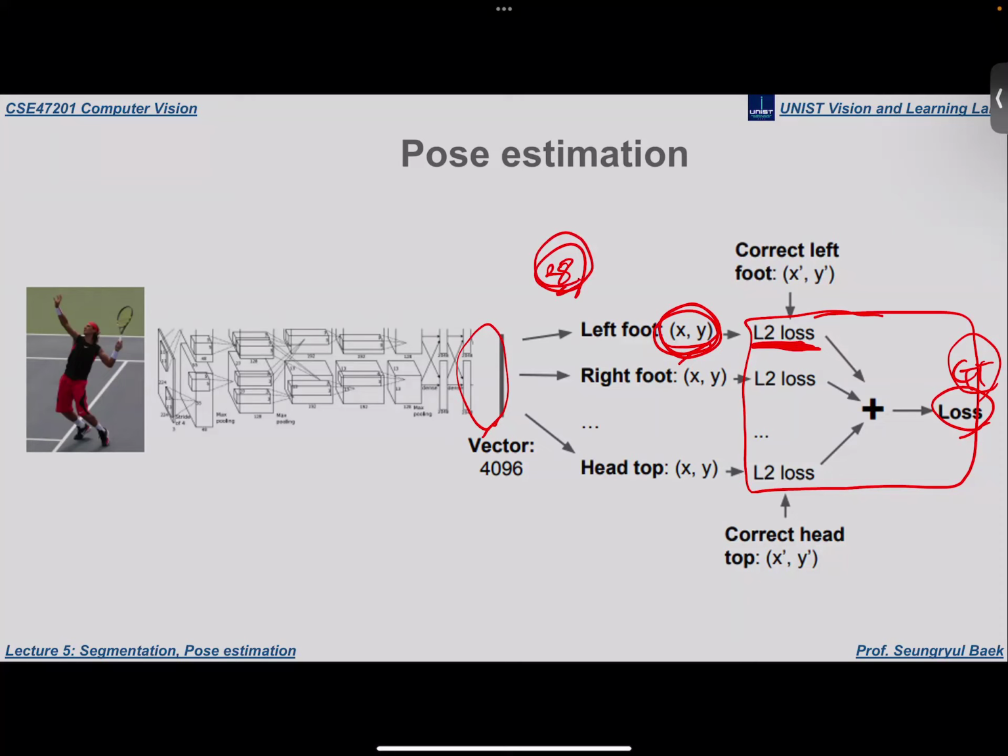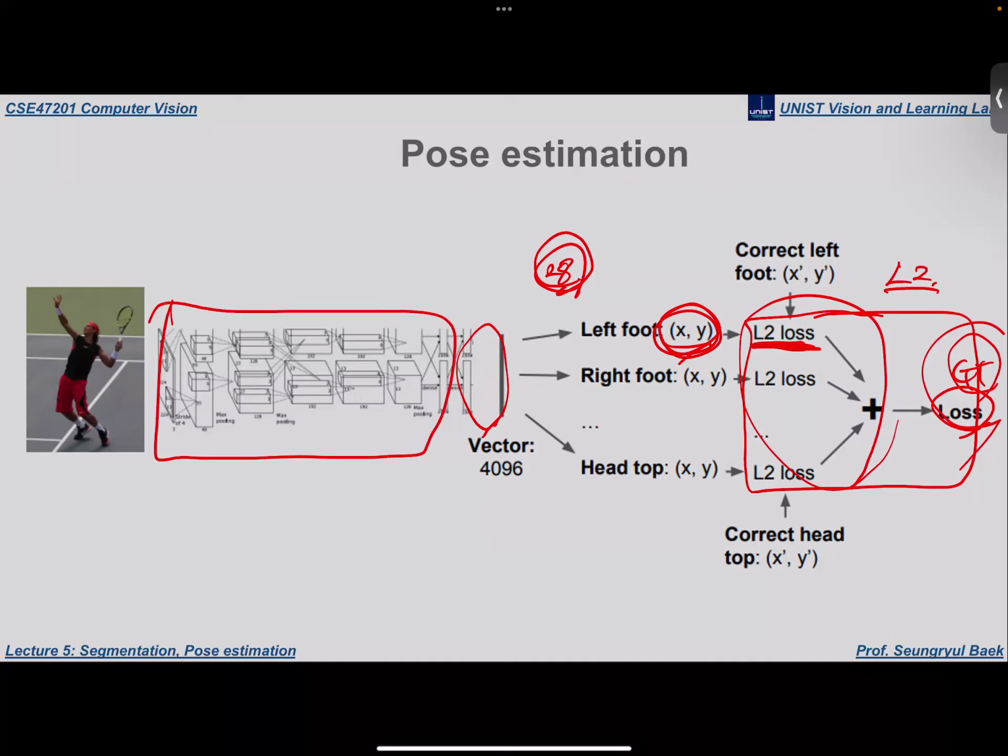For the training data, we have to collect the ground truth values for these key point coordinates, and then apply this kind of L2 loss, which is the mean square error loss or Euclidean distance between the ground truth and the prediction values. Using this loss, we train this network so that it can predict the key points from unseen testing data. That's the pose estimation network. So are you following this?